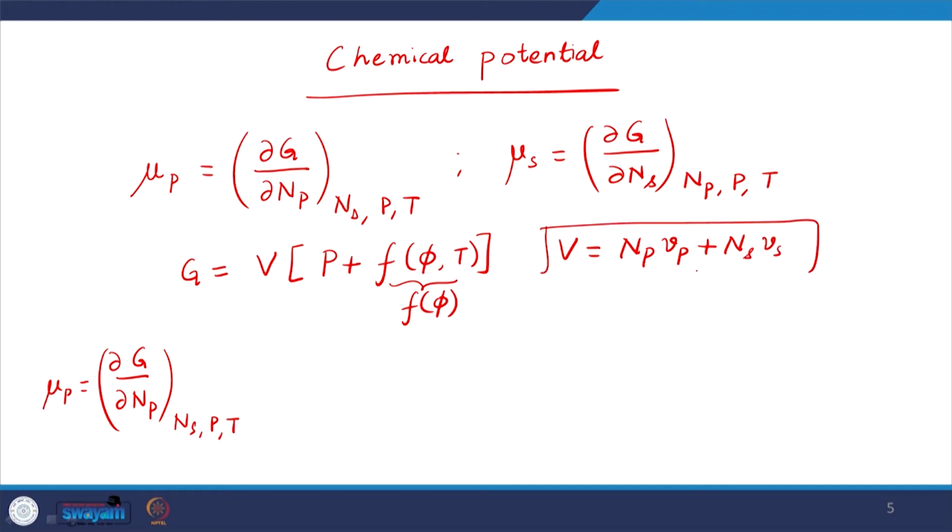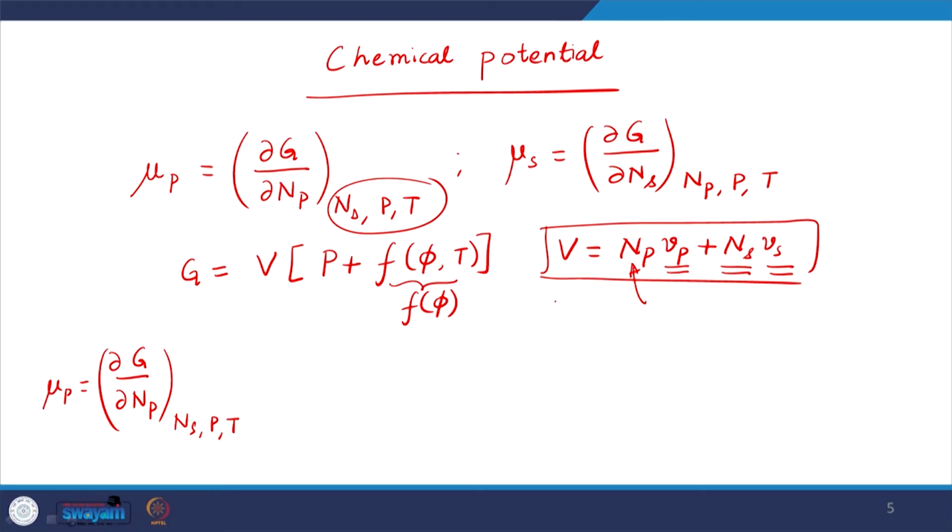Whenever we are doing this math, the key thing is to see what is the variable that is being held fixed. In this case, N_s, P and T are fixed. We are not saying anything regarding the volume, right. And volume is clearly changing when N_p is changing, because V_p is constant, N_s is constant and V_s is constant, right.